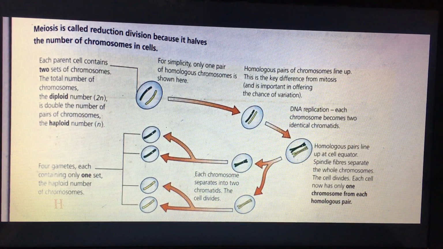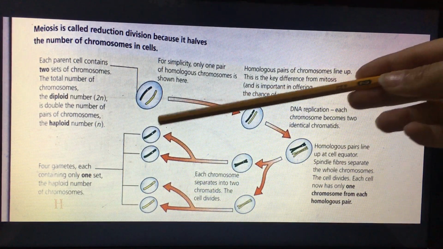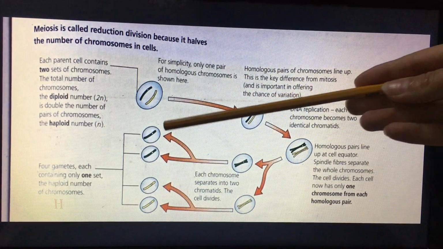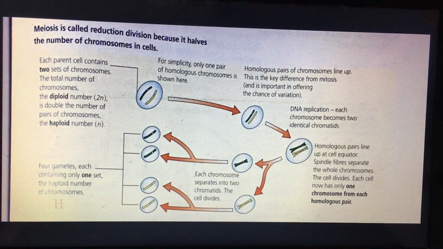Each cell now has only one chromosome from each homologous pair. After that, each chromosome separates into 2 chromatids. So that is the cell division. And each cell has the haploid number, n.